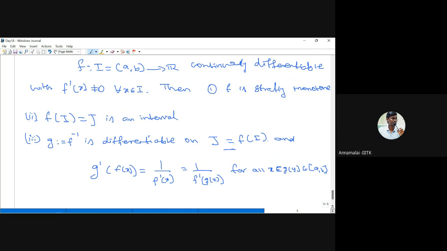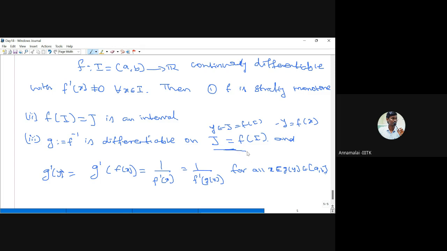But if you take any point y in J, since J equals f of I, this y is of the form f of something, I call that something x. So actually we are talking about g dash of y, but y is nothing but f of x, because every y is of the form f of something.